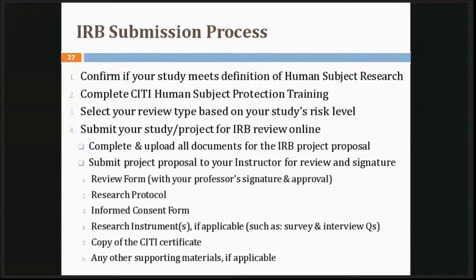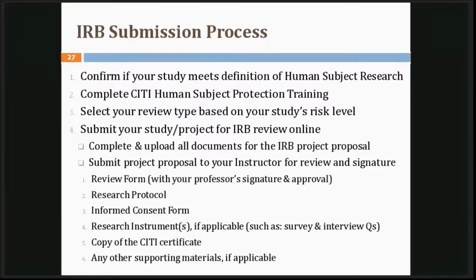Then, if your research actually is about human subjects, or would involve human subjects during data collection or data analysis, then you will have to complete a CITI training program.